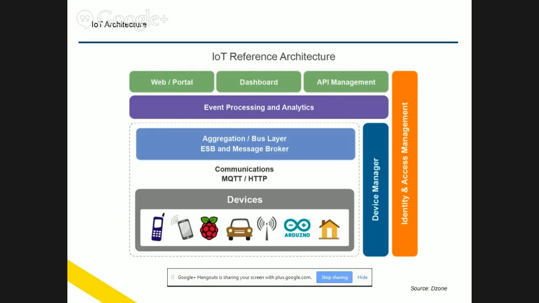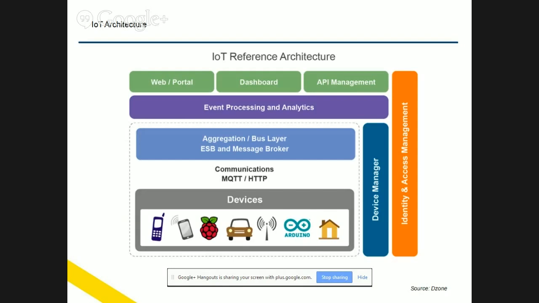So once we have the devices in place, the next thing we need to have is a means to transfer data from these devices to the cloud, which is the most suitable place to process huge amounts of data that is acquired from these devices. So you have a network.